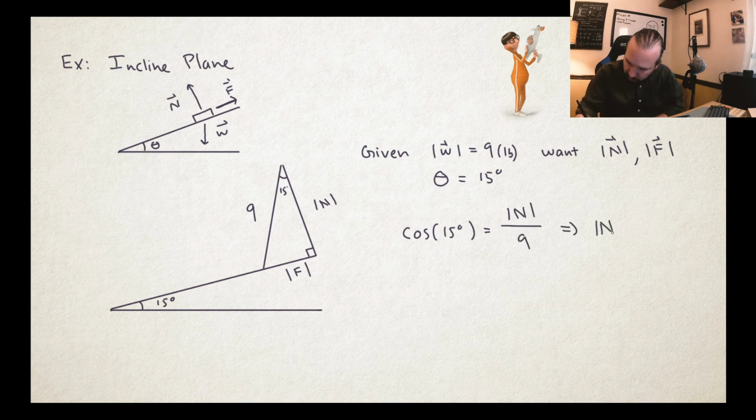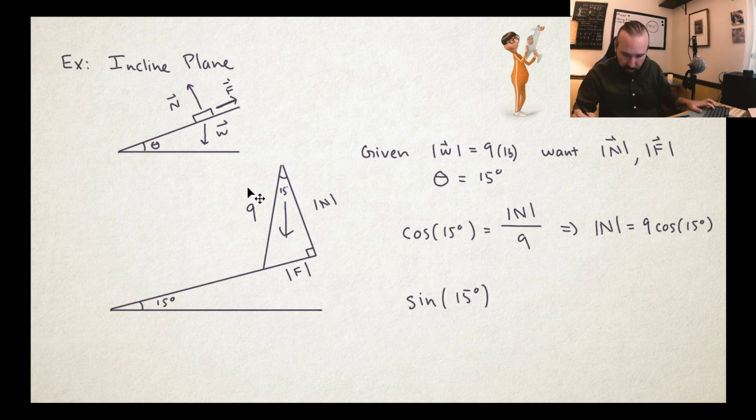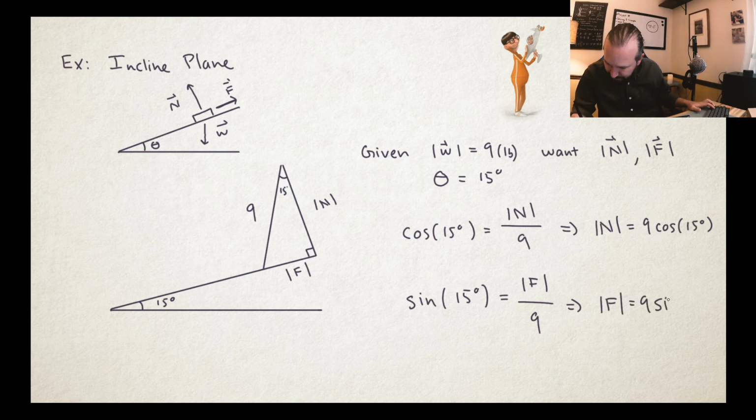So magnitude N must be 9 cos 15. And likewise, now I'm going to use the opposite. The sine of 15 must be the opposite over the hypotenuse. So this must be magnitude F over 9. So magnitude F is equal to 9 sine 15 degrees.